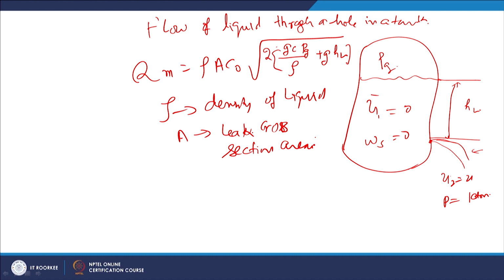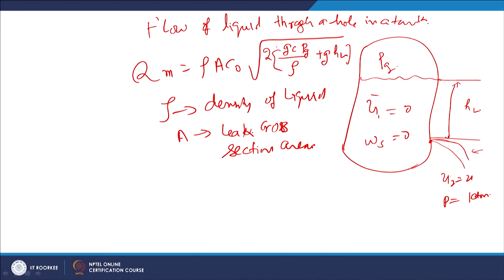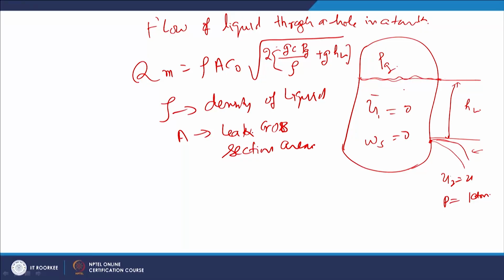And usually the usual physics phenomena applies over here. Whenever a hole develops, because it is a very common practice, a hole develops in a tank at a height HL below the fluid level. This is your initial fluid level, because when this hole is developed, this fluid level will deplete. So the flow of liquid through this hole is represented by a mechanical energy balance equation, and you may take one assumption that the liquid is incompressible in all aspects.